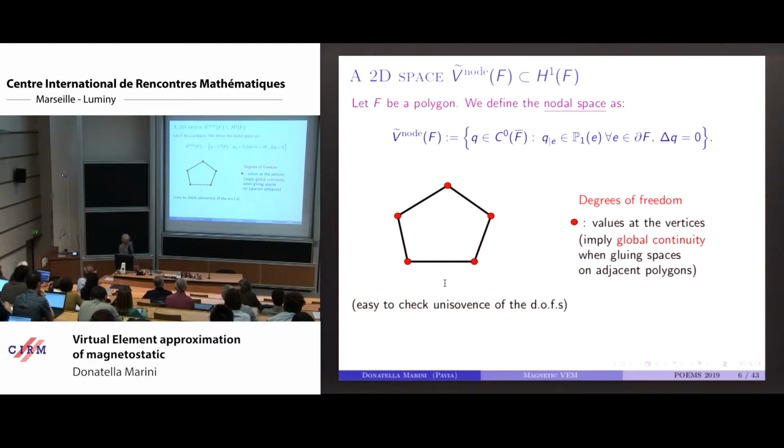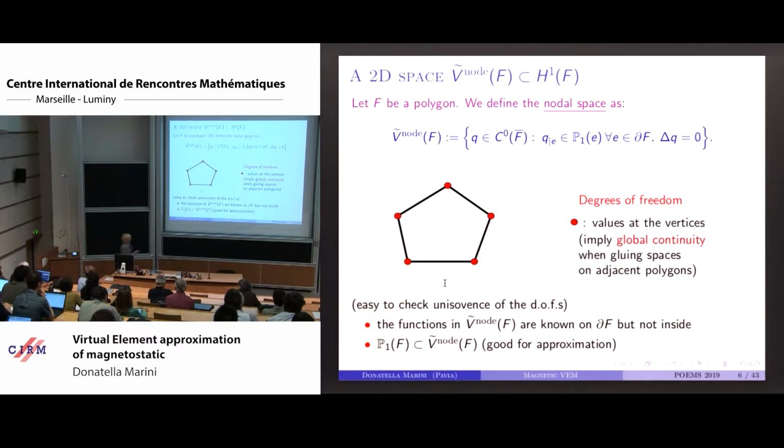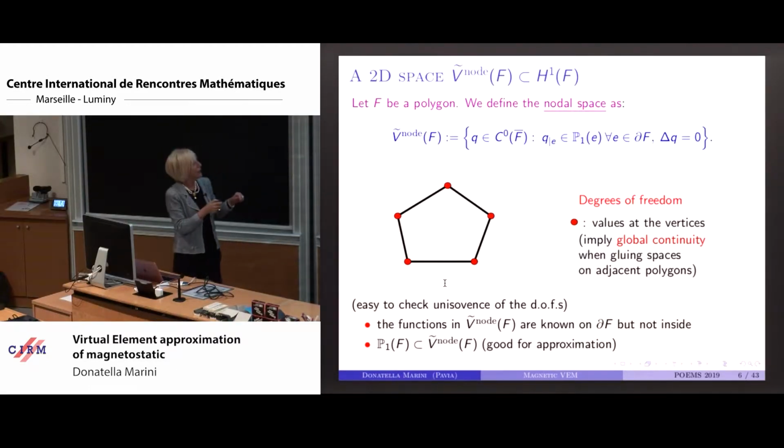Now, so far, so good. But then, what do we know about the functions inside? Not much. We know them perfectly on the boundary because they are P1 on each edge, but inside we know nothing.